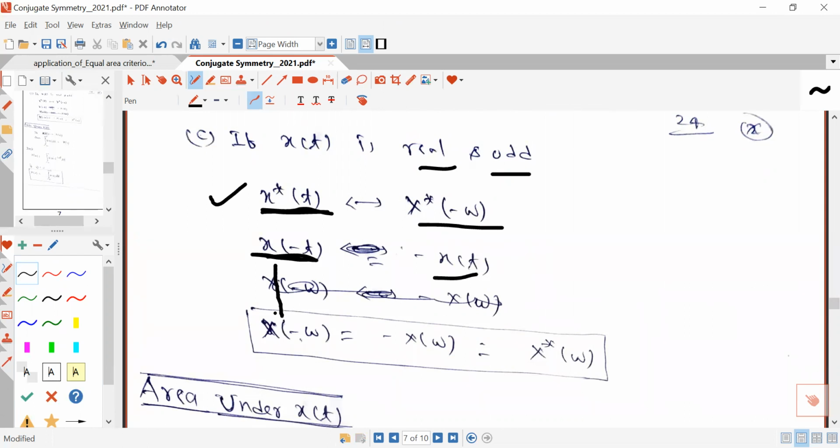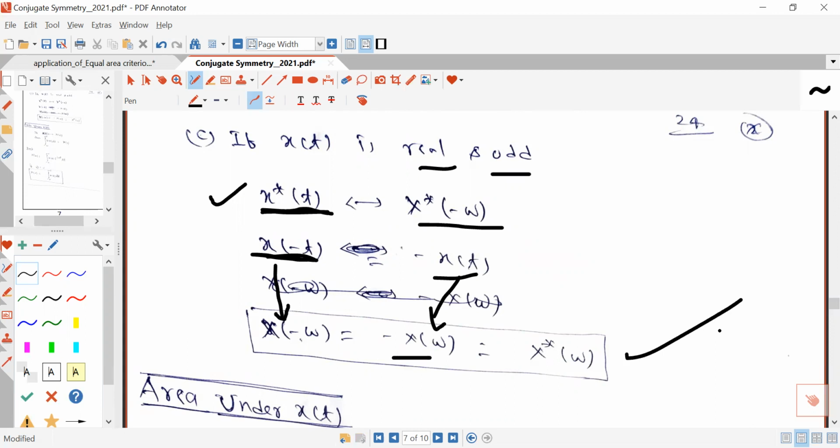So the Fourier transform of x(minus t) will be X(minus omega), and the Fourier transform of x(t) will be X(omega), with a minus sign, and this will be equal to this, and will also be equal to X conjugate (omega).